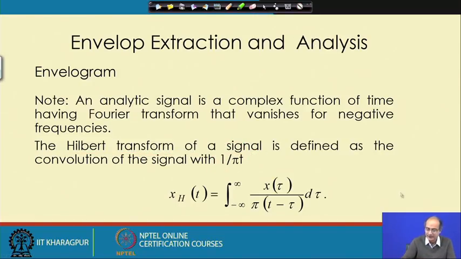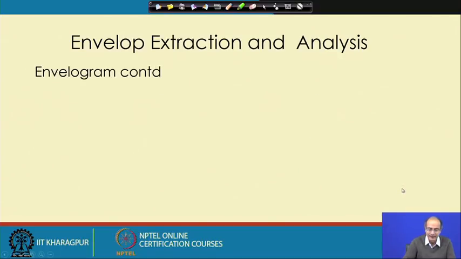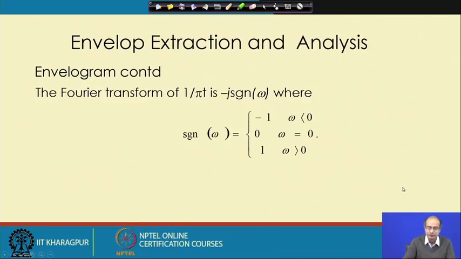So we look for a better way of doing that, and for that we look at the frequency domain transform. The frequency transform of the signal 1 by pi t comes in a nice form: minus j sign of omega. And what is sign of omega? It is negative for negative frequency, positive for positive frequency, the magnitude is 1 on both sides, and it is 0 at the value 0.